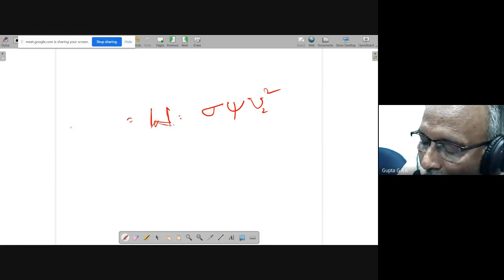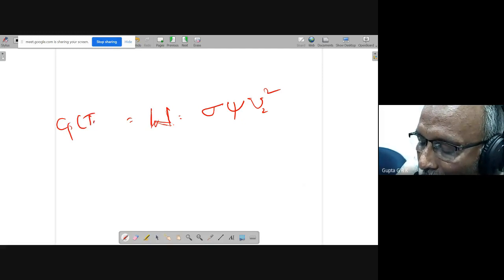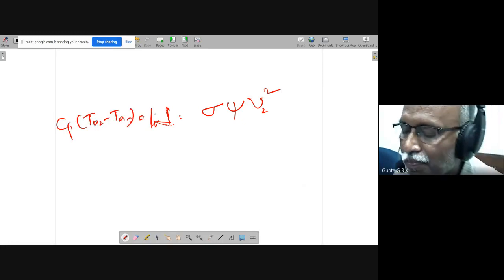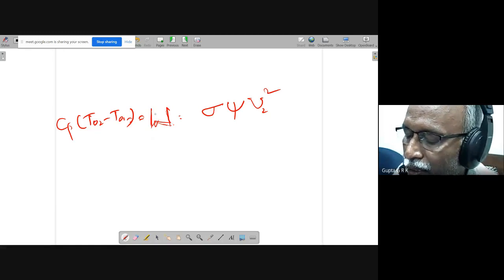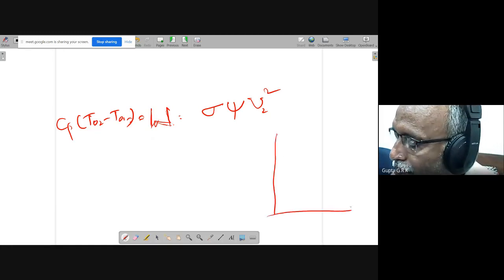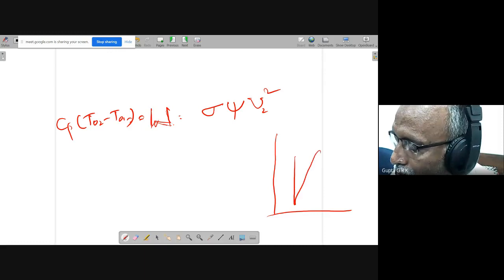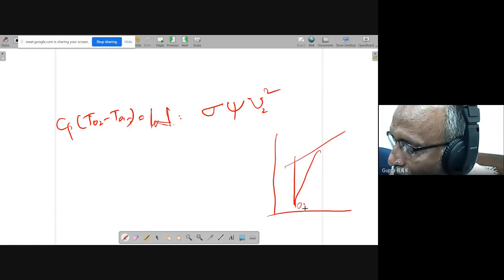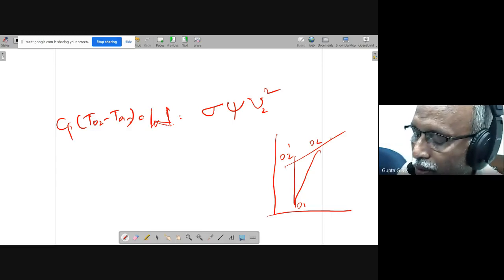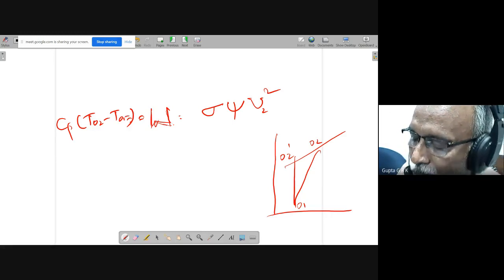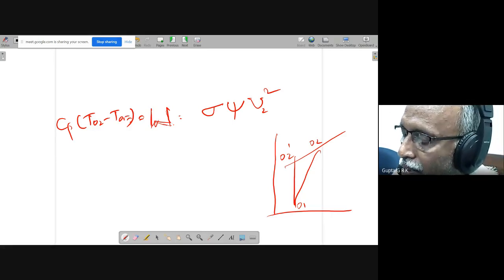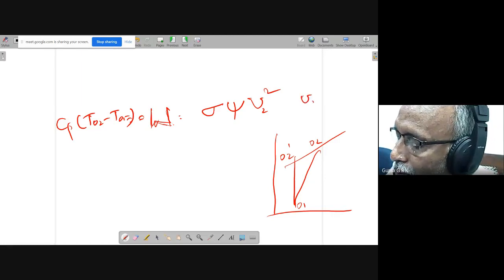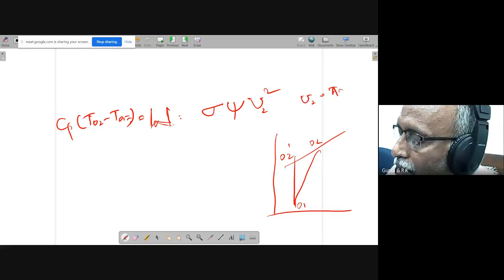This is nothing but Cp into (T02 minus T01). And U2 is equal to pi D2 N by 60.